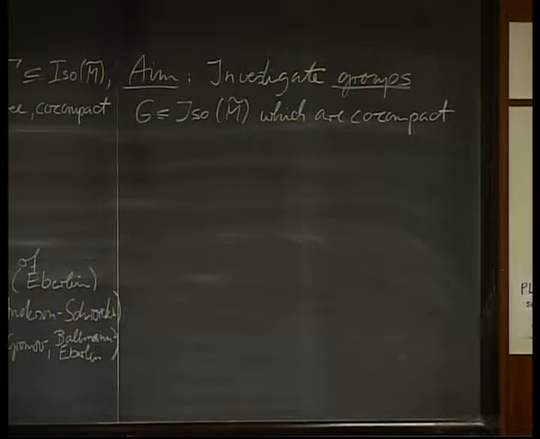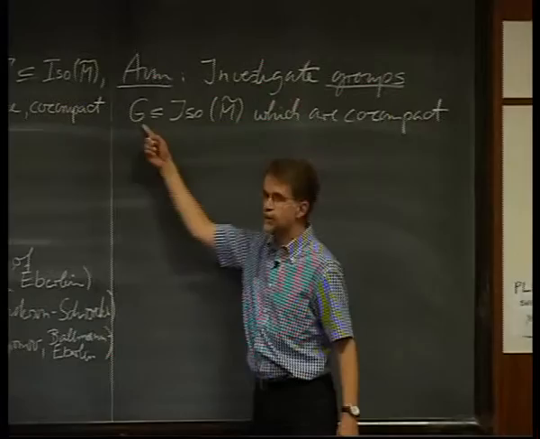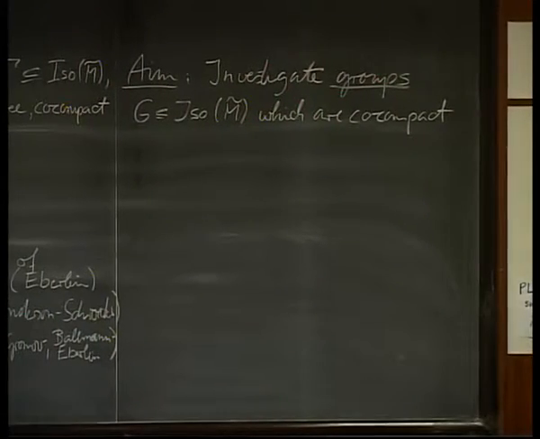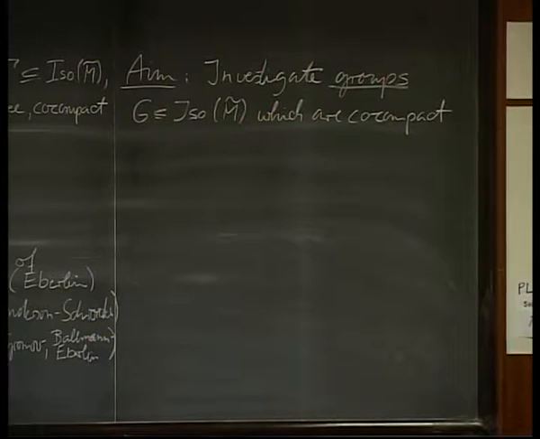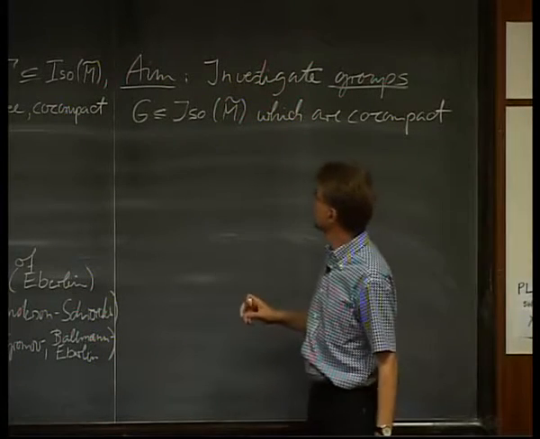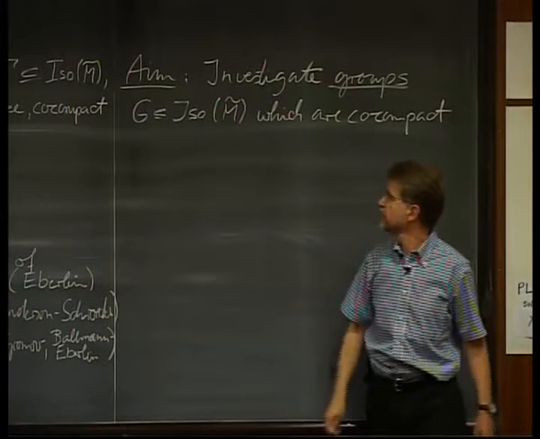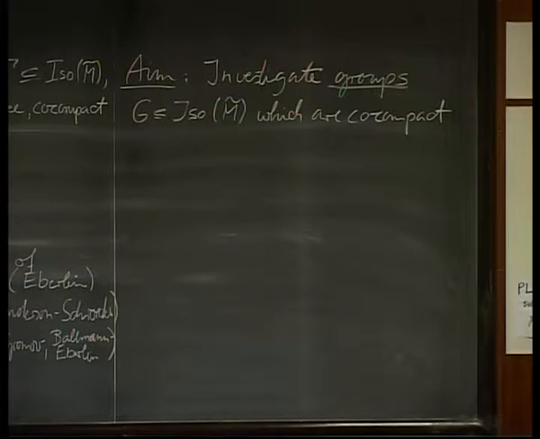And I already mentioned not necessarily the full isometry group. As soon as you have a group G, there may always be extra symmetries which are not so easy to see, or it might even be possible to perturb the metric in such a way that the isometry group becomes smaller.